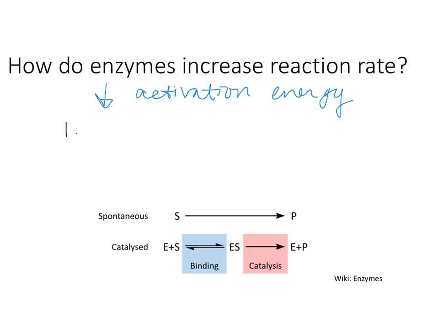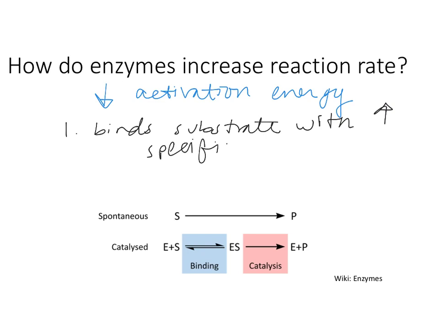The one thing is that it binds substrate with high specificity. You don't want every enzyme being able to bind to every little small molecule that it comes in contact with. That would be completely inefficient.